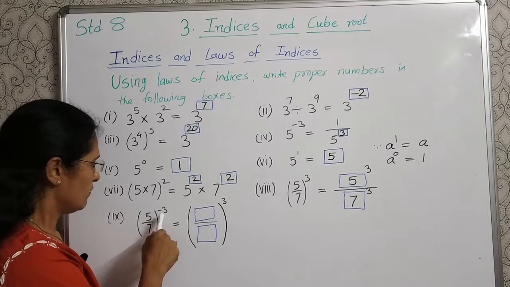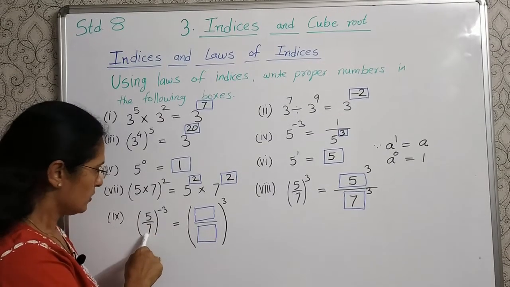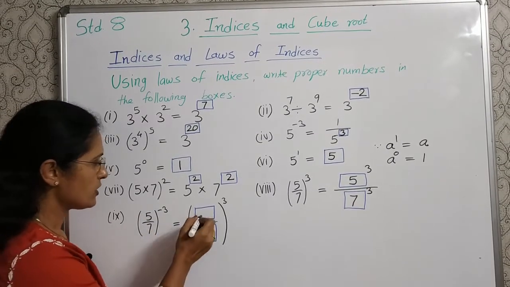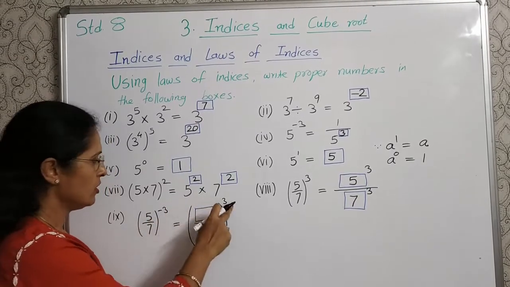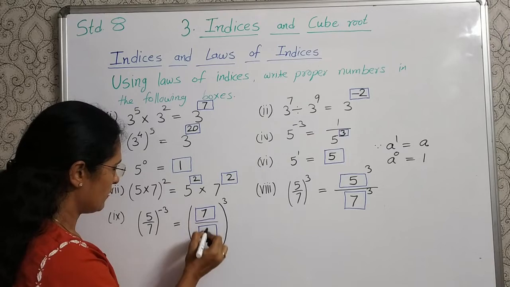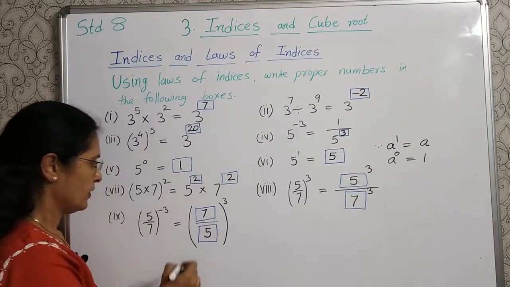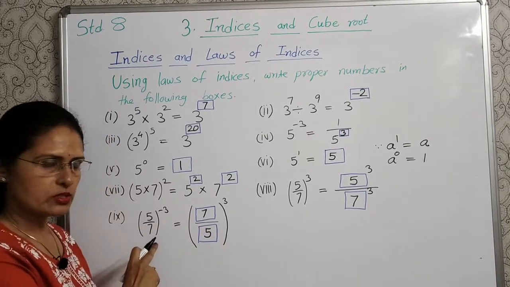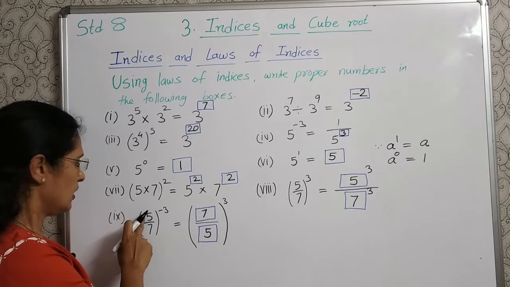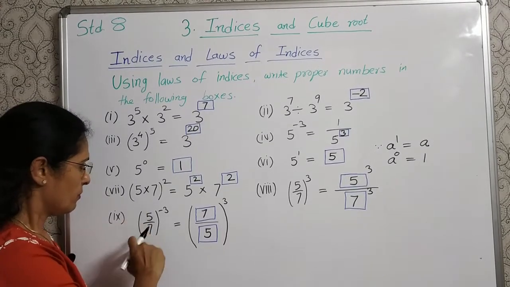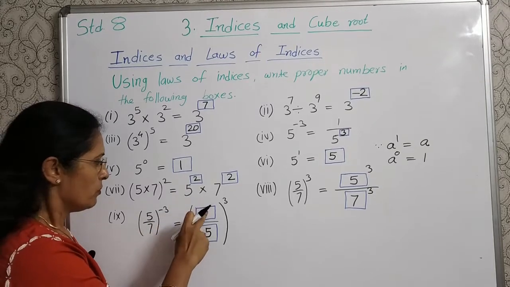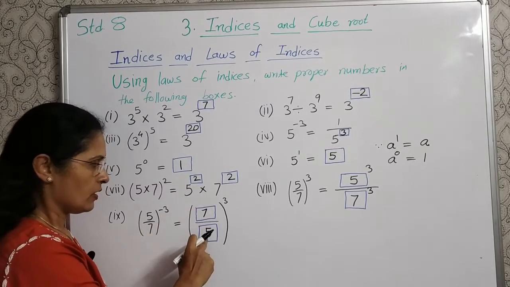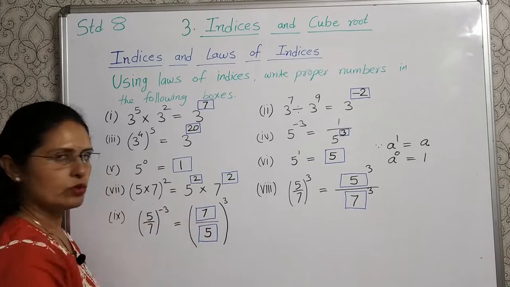Next, 5 by 7 raised to 2, that is bracket complete, raised to minus 3. So here we'll write the reciprocal of this, that is 5 upon 7's reciprocal 7 by 5, and then this negative index will become positive. So 7 by 5 will come here. So here we used the law a by b bracket raised to minus m is equal to b by a bracket raised to m.